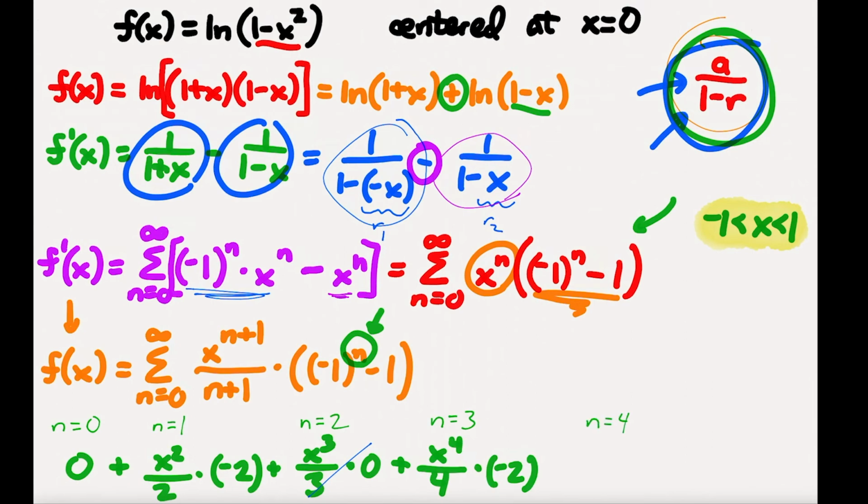N equals 4. It's going to be x to the 5th over 5 times 0, once again. So you end up canceling basically the 0, 2, and 4 term for this. And it would be even after that. The n equals 6 would also cancel out.